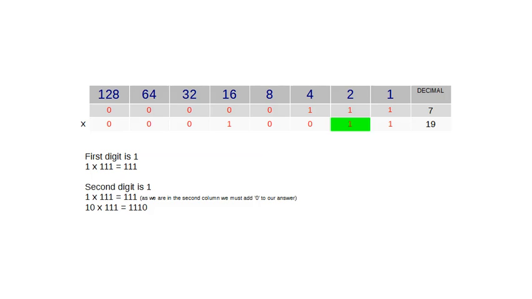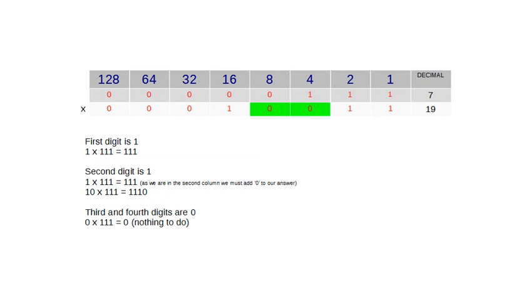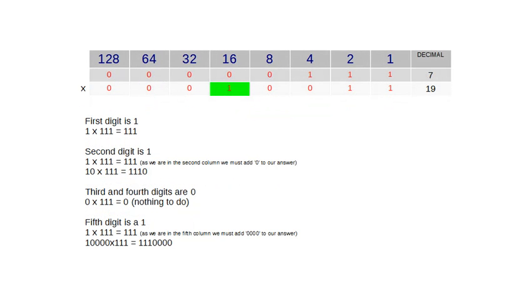And as we are in the second column we must add 0 to our answer, so 10 times 111 equals 1110. And we remember that and we move on to the next column. And the third and fourth columns we can see are both zeros, so we've got nothing to do. We can move on to the fifth column, and the fifth column the digit is a 1, so 1 times 111 equals 111, and again as we are in the fifth column we must add 0000 to our answer.